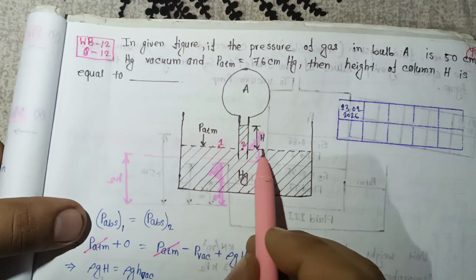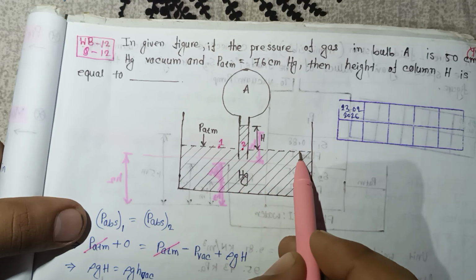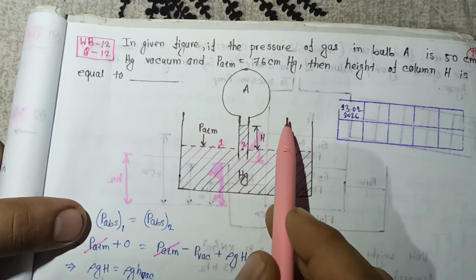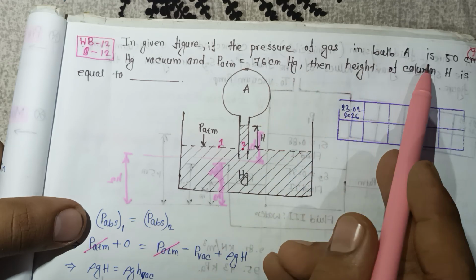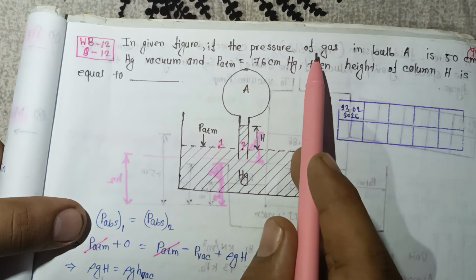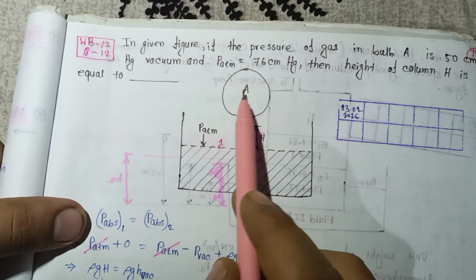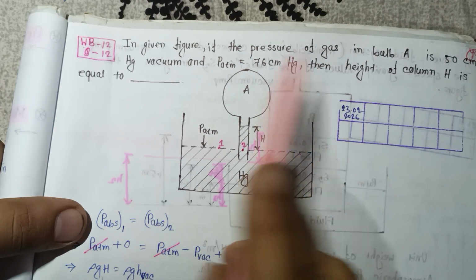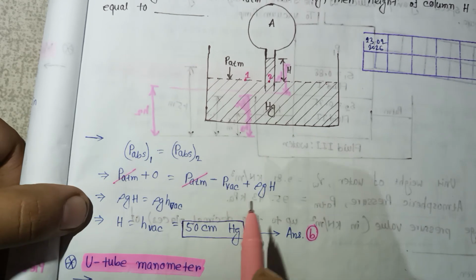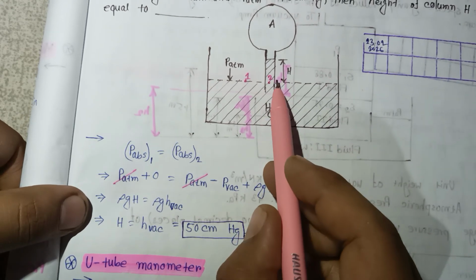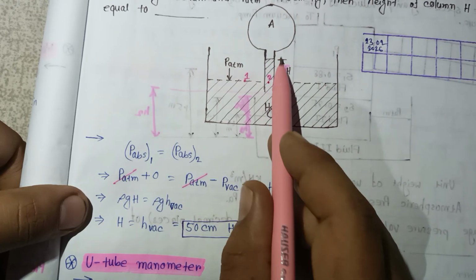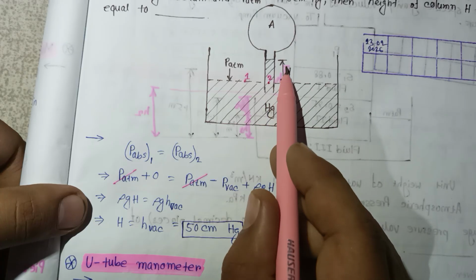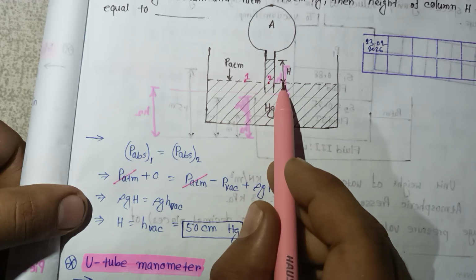This is the mercury level, and atmospheric pressure is also given, and the vacuum pressure of the gas in bulb A is given as 50 cm Hg. So how to calculate that? You have to calculate the height of the mercury column deflection.